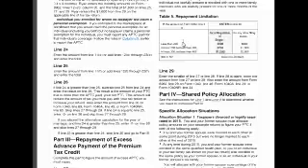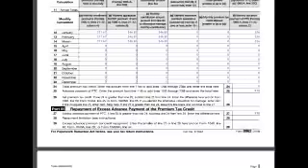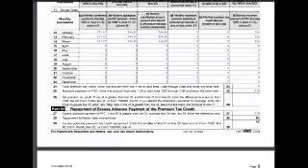The table says if the percentage is between 200% and 300%, for single filers, it cannot be more than 750. In this case, since our percentage was 290%, the maximum that we can take is 750.